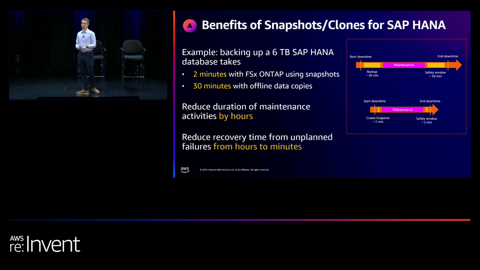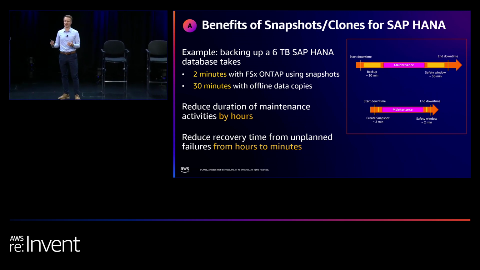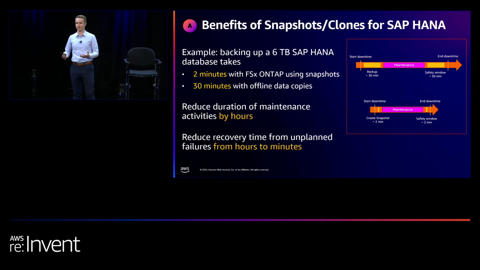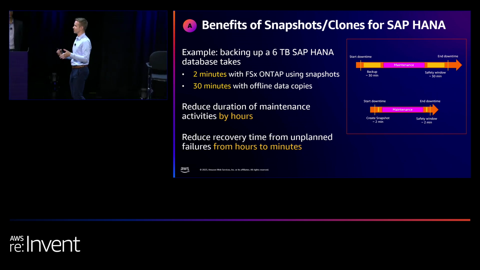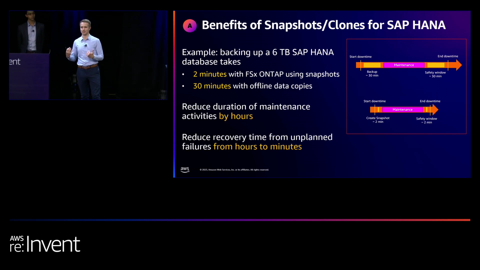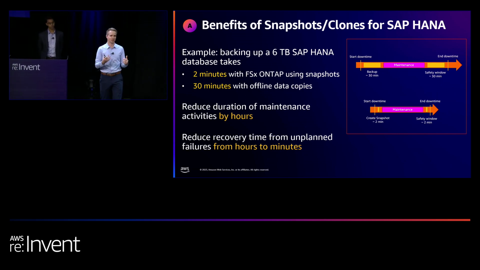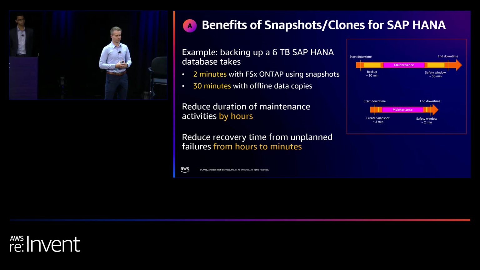So it's a really powerful capability that some of the customers we engage with are very familiar with and depend on to meet their RTO and RPO needs. But a really exciting part of bringing really powerful storage technologies like ONTAP and like OpenZFS to customers as part of FSx is giving some of these really powerful capabilities, putting them in customers' hands so that you can benefit from the RTO and the RPO benefits that they provide.